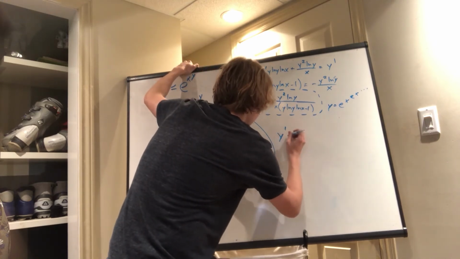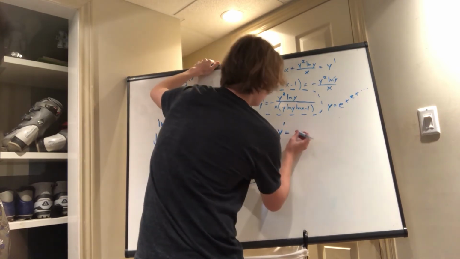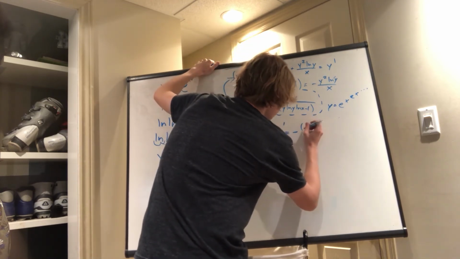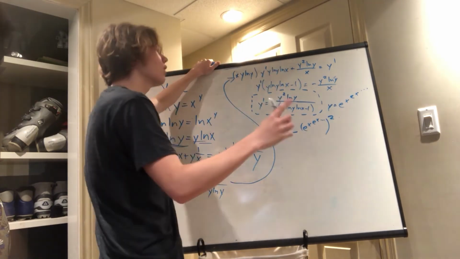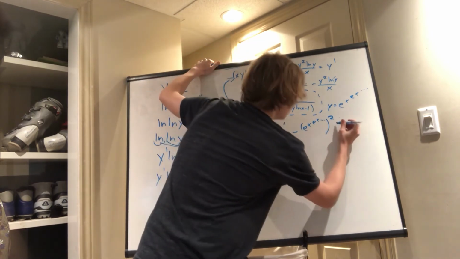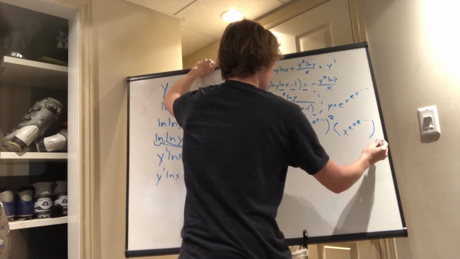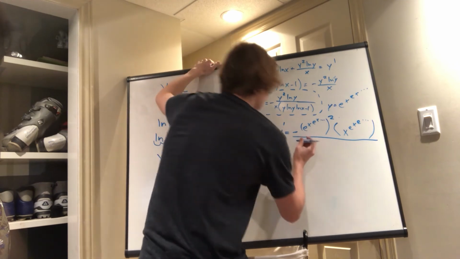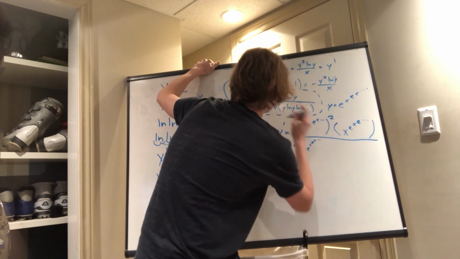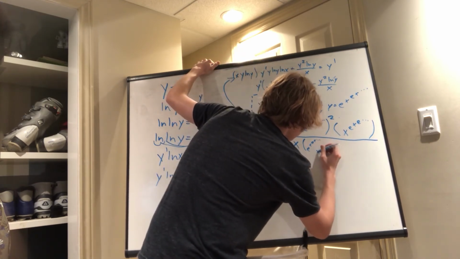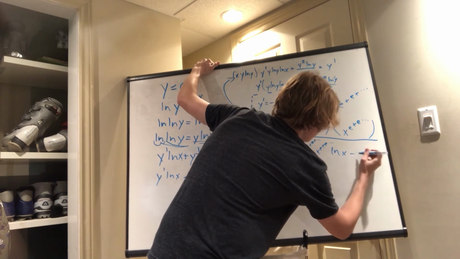And we can rewrite this as y prime equals negative e to the x to the e to the x dot dot dot all squared times the natural log of y, which we can just get rid of that e, times x to the e to the x to the e to the dot dot dot, over x times e to the x to the e to the x to the dot dot dot times the natural log of x to the e to the x to the e to the dot dot dot times the natural log of x minus 1.